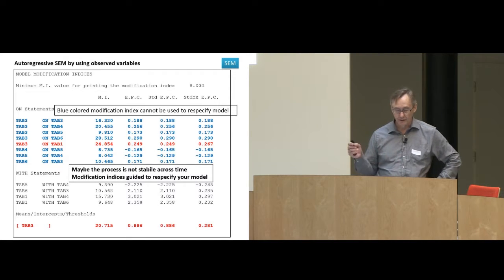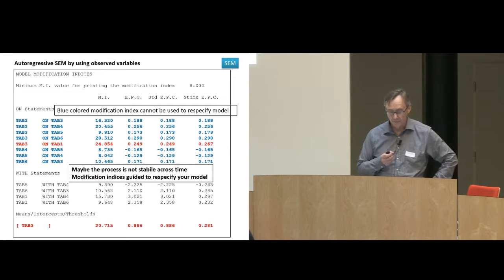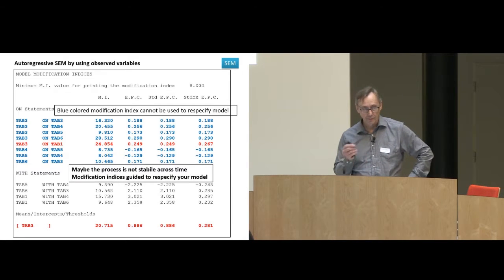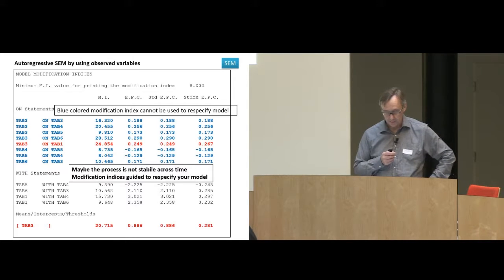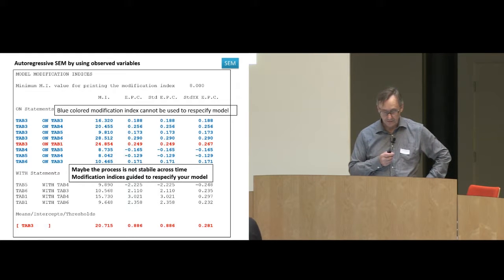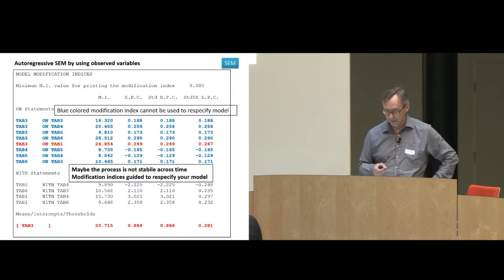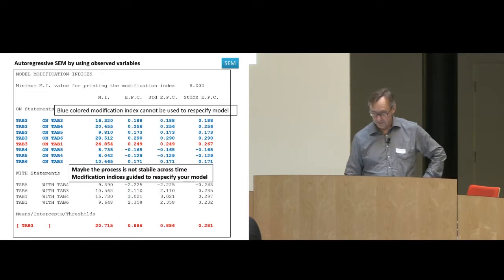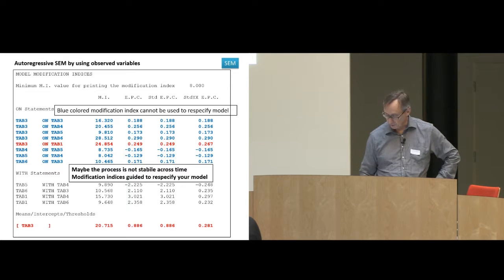We cannot change the arrow from top 1 to top 3, for example. But then there are red-colored modification indices too that you can use to modify the model. And this information tells you what is wrong in your model.